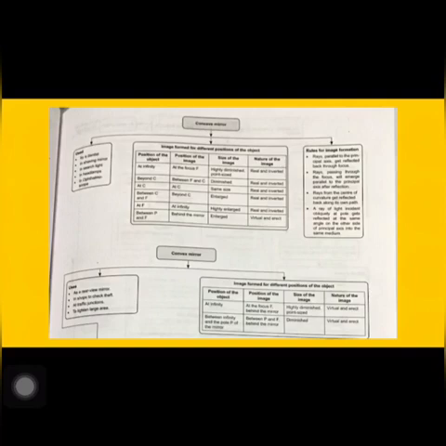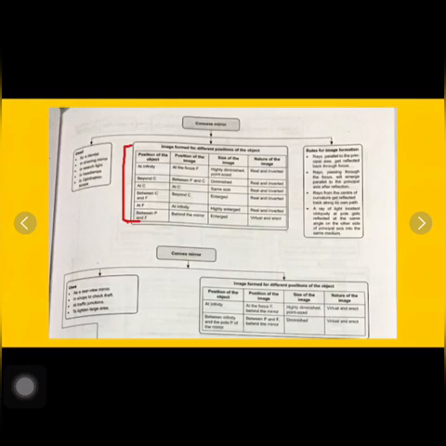Here you can see the 5 positions of the objects where we can place the objects, and the positions of the image we get if we place the object at these 5 different places.